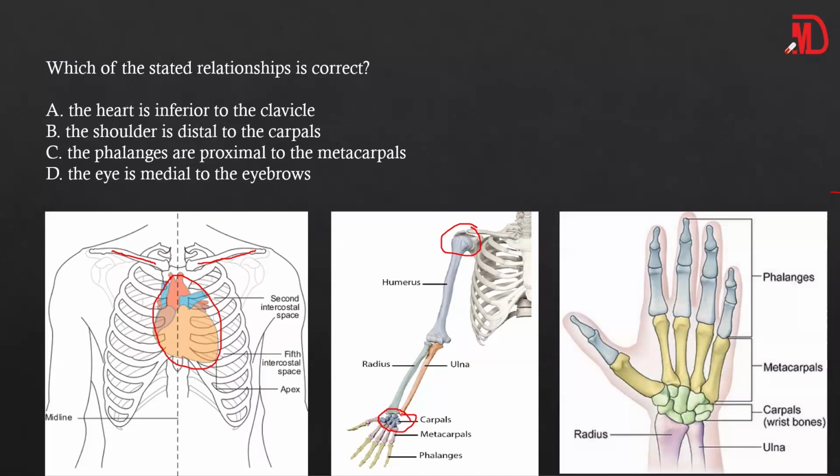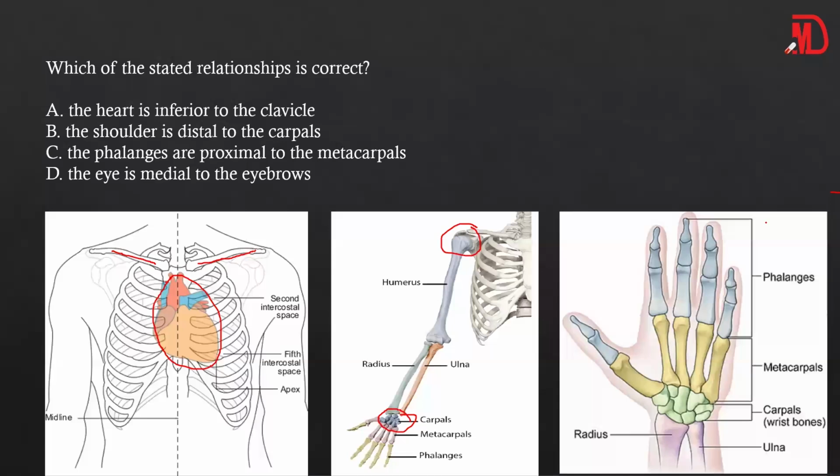Now let's look at the relationship between the phalanges and the metacarpals. The phalanges refers to the fingers. Now these are distal, and the metacarpals, which are the hand bones, are proximal.